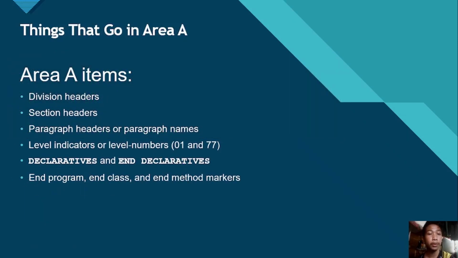So, things that go in area A: these are division headers, section headers, paragraph headers or paragraph names, level indicators or level numbers 0, 1, and 77, which will be discussed later on, declaratives and end declaratives, the end programs, and class and end method markers.